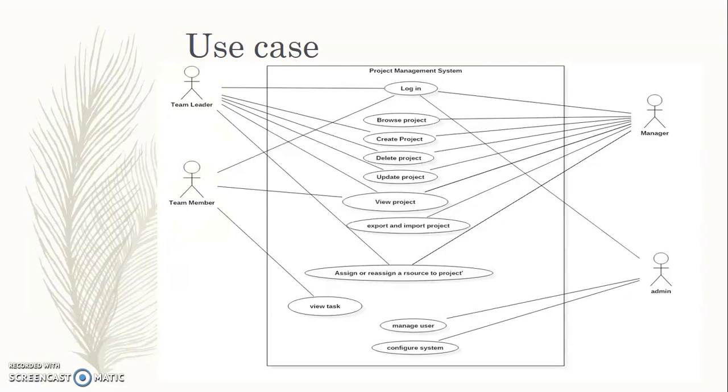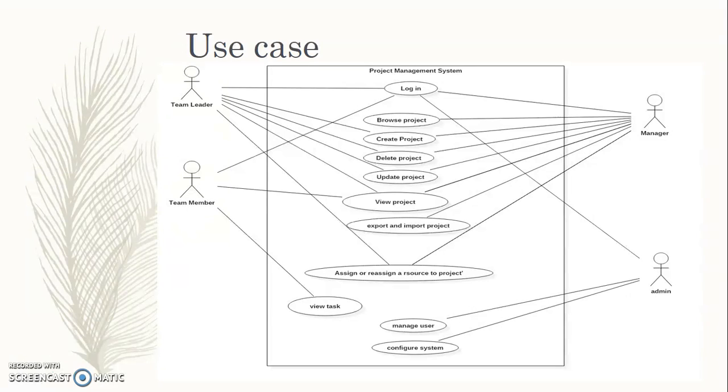Same goes for the others. For example, if you are a team leader, you cannot update your manager or the users. So these are all the features that will be delivered by the system.